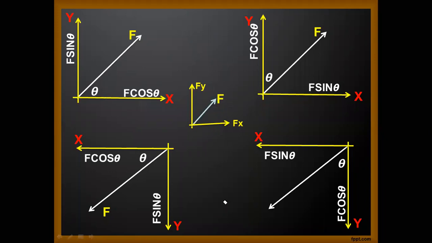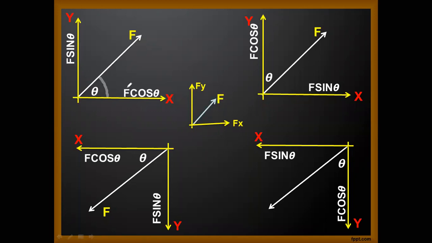So that is what we mean by the different cases we basically face while resolving forces. For example, if this inclined force makes an angle theta with respect to the horizontal axis, then the horizontal component, that is Fx of the force, is equal to F cos theta, and the vertical component is F sin theta.